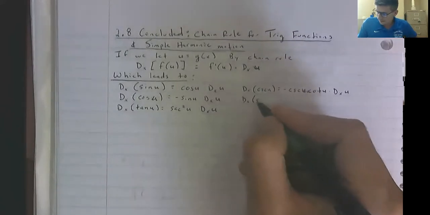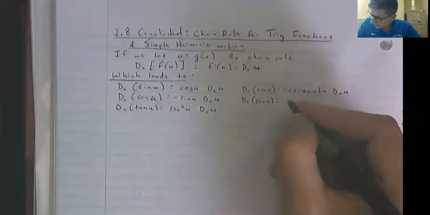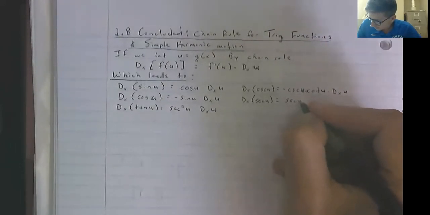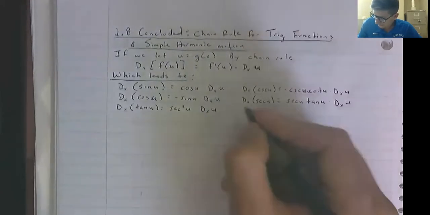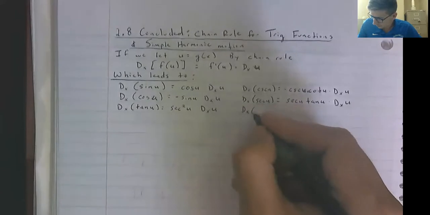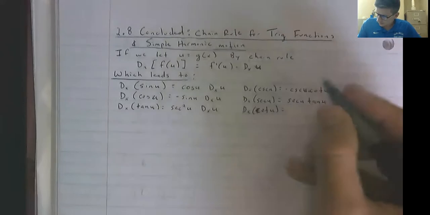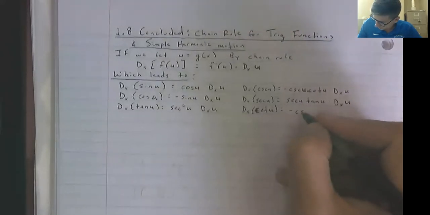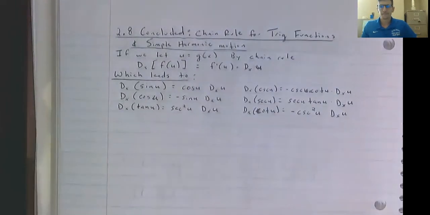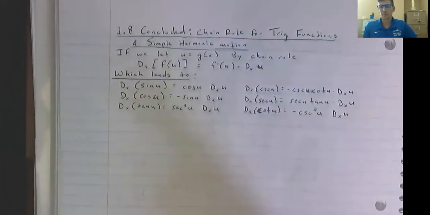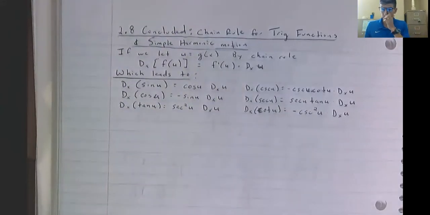The derivative of the secant of u, where u is again a function of x, is the secant of u times the tangent of u times the derivative of u. And then finally, the derivative of the cotangent of u is the opposite of the cosecant squared of u times the derivative of u. So it behaves just how we expect, just the chain rule, but this is kind of a nicer notation to use.